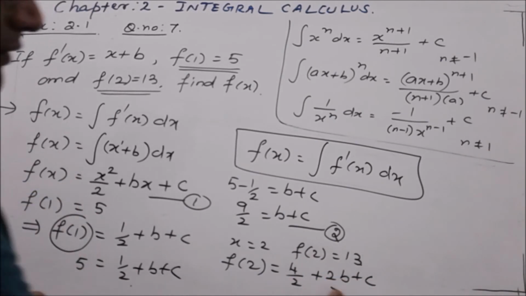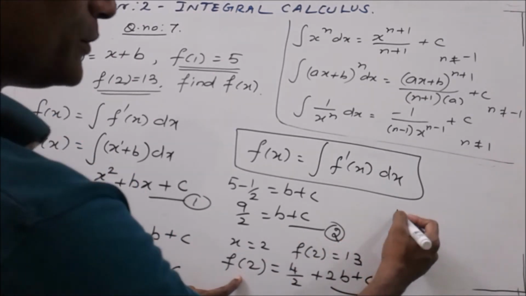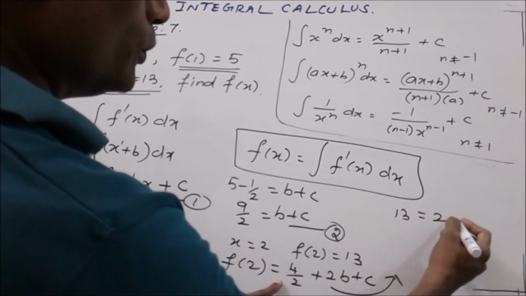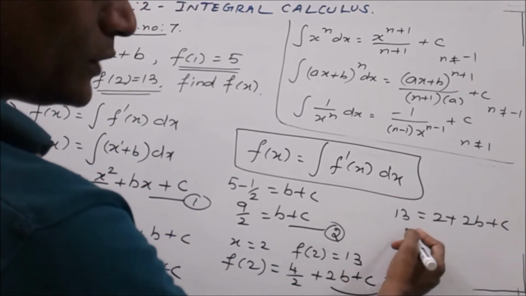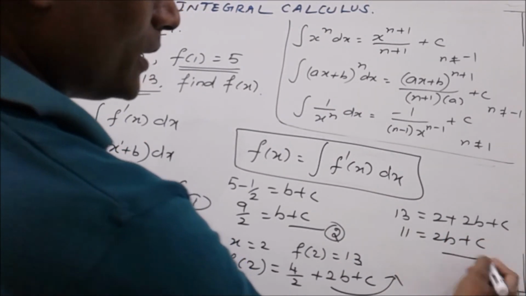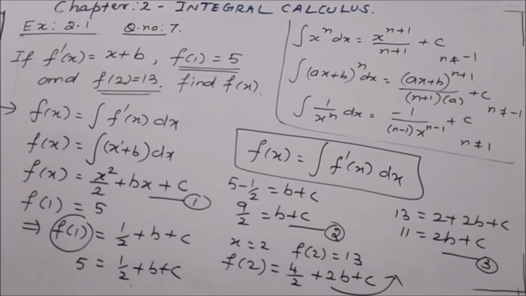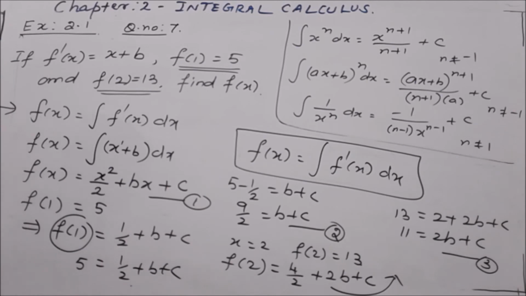Now simplify this. f of 2 equal to 13, so by substituting, 13 equals 2 plus 2b plus c. Now 13 minus 2, 11 equals 2b plus c. That is equation number 3. By solving 2 and 3, we will get the values of b and c. Then substituting b and c in 1, we will get the required function f of x.